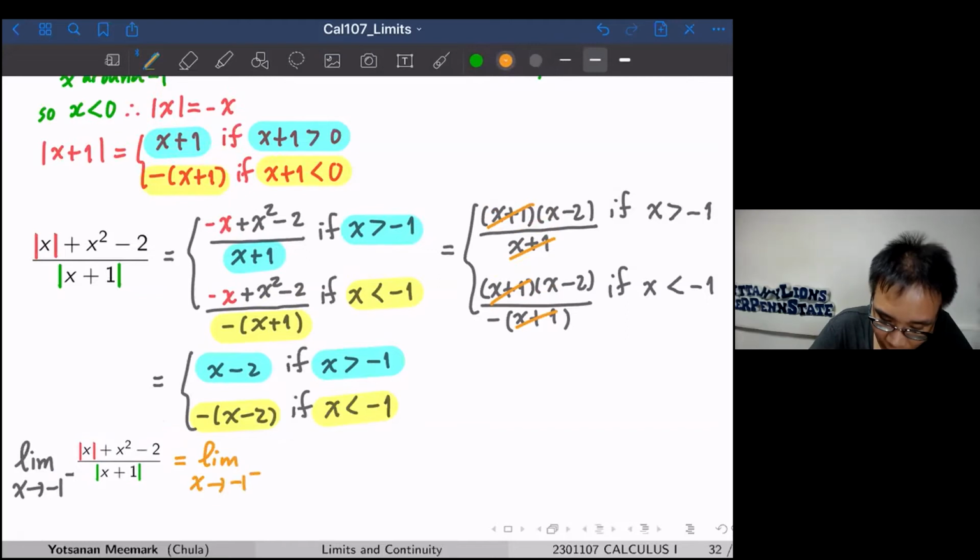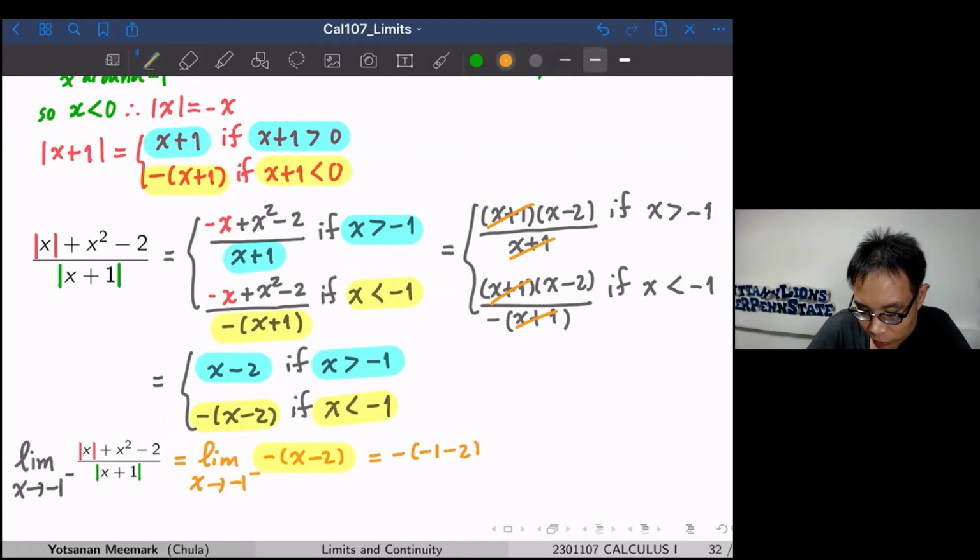You are in the yellow case, so it's going to be negative x minus 2, and this turns out to be negative, negative 1 minus 2, equal to 3.